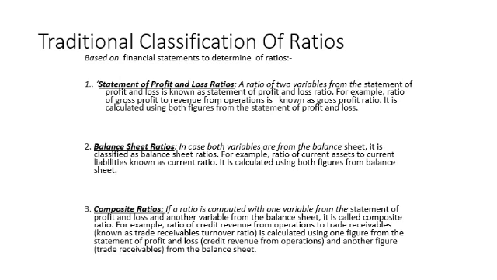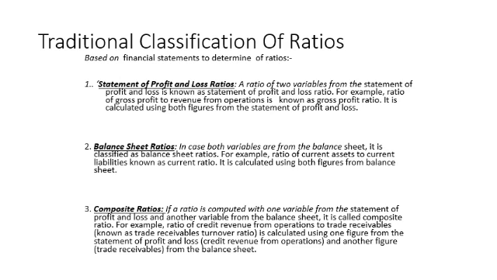Statement of profit and loss ratio refers to two or more variables related to the statement of profit and loss account only. It means the ratios are derived on the basis of the figures listed in the profit and loss account.